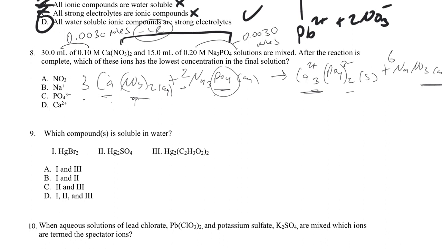Now, how can I know that for sure? Well, just how many moles of NaNO3 or Na3PO4 are needed to react with the 0.0030 moles of the calcium nitrate?